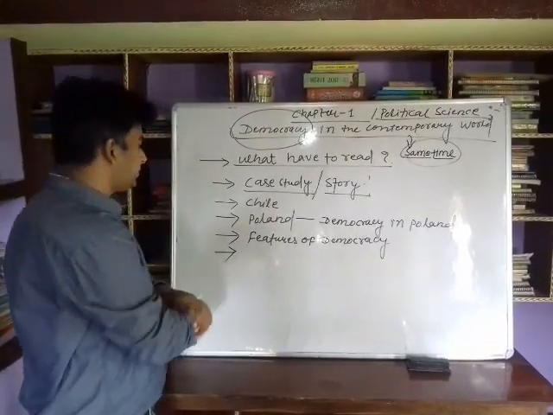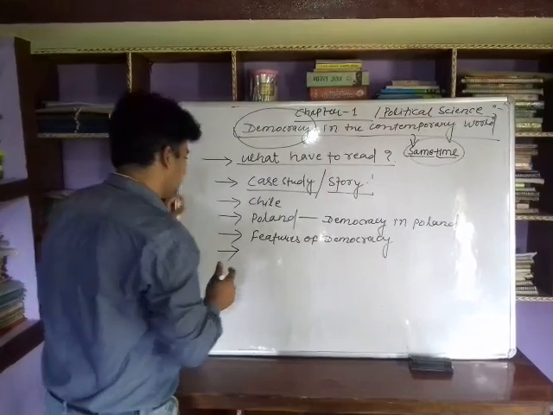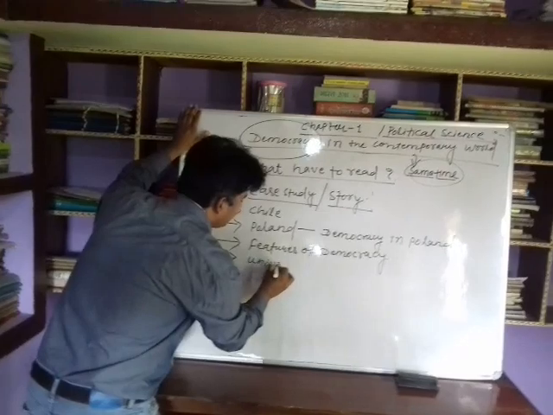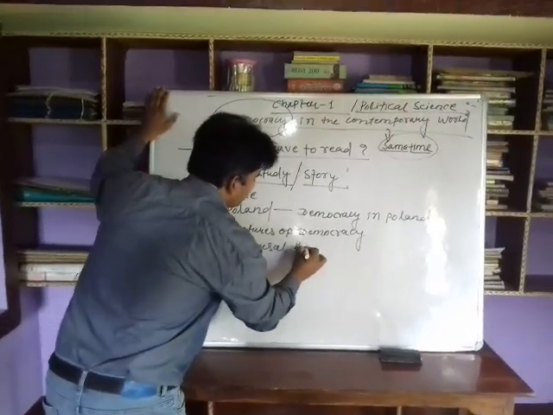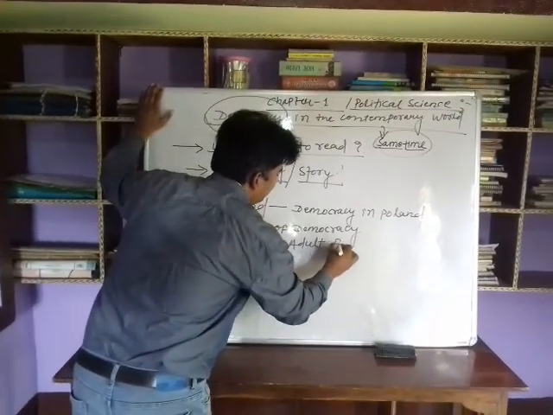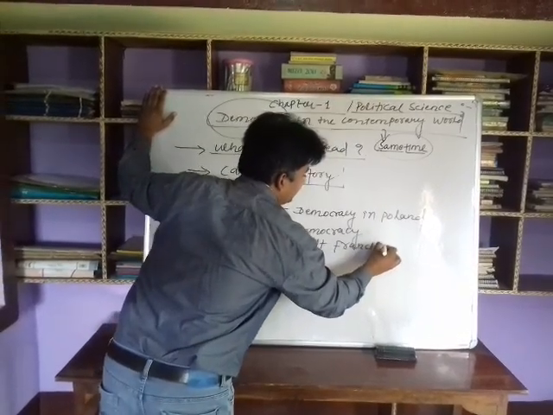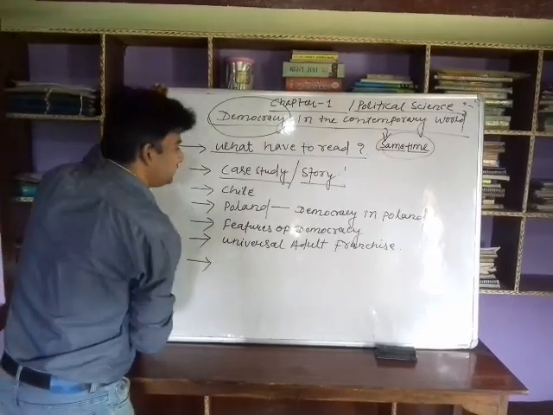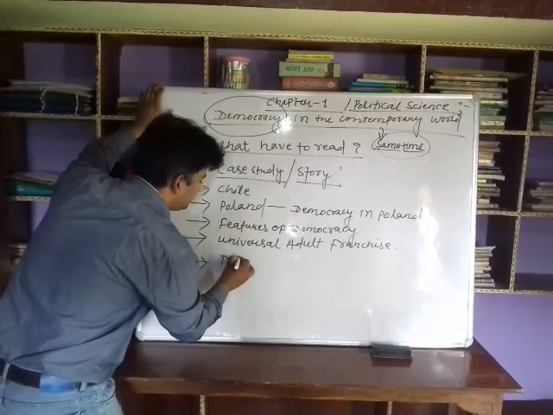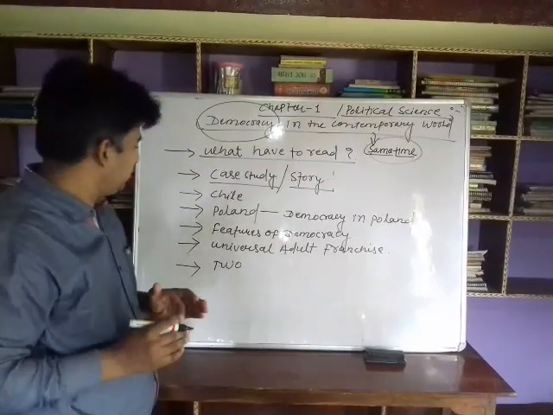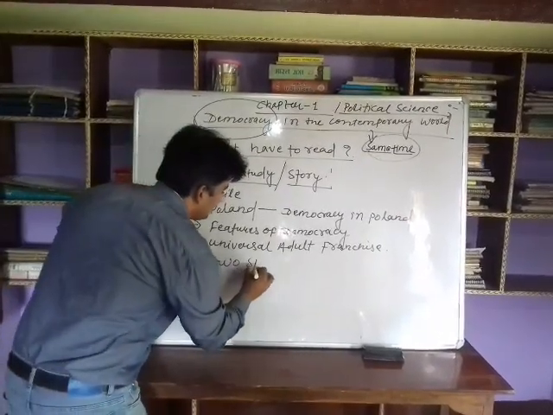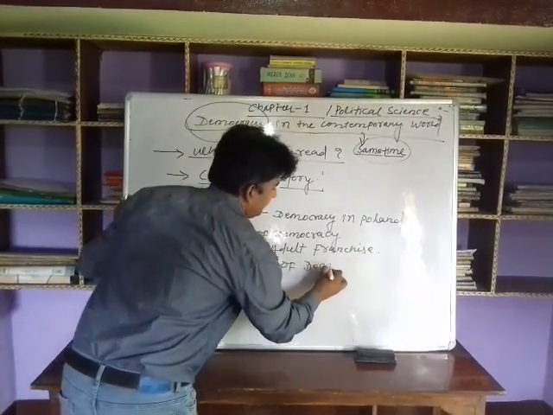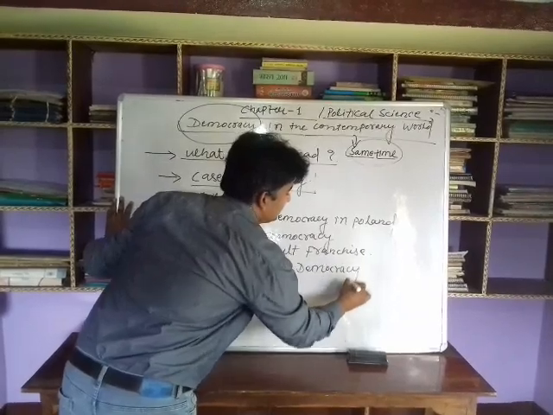Then we see universal adult franchise, a story of democracy, then we see all the text, a story of democracy.